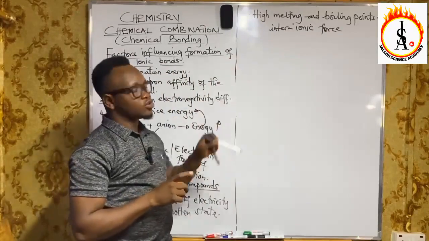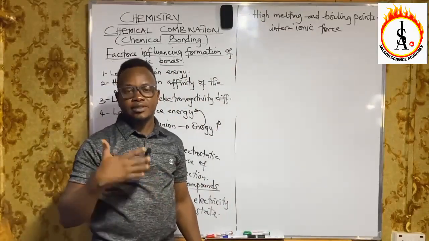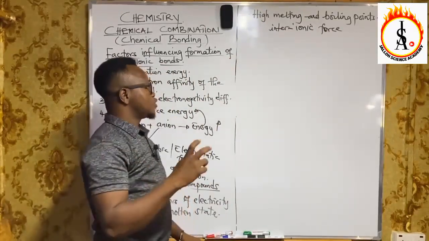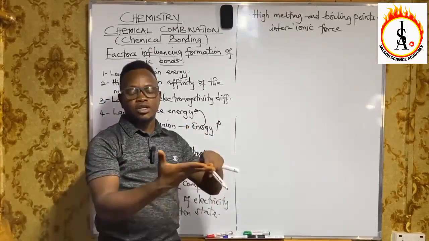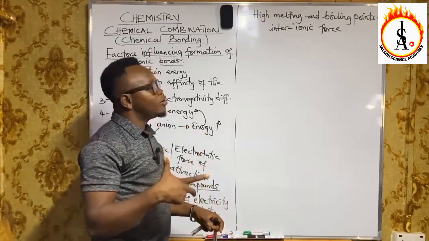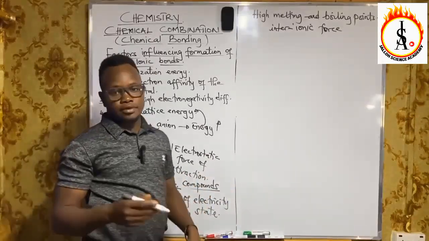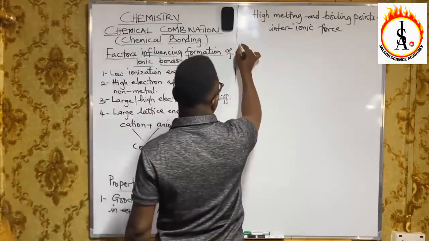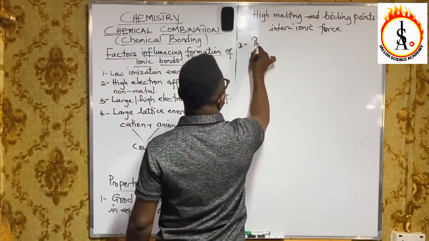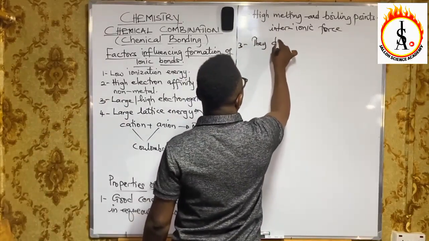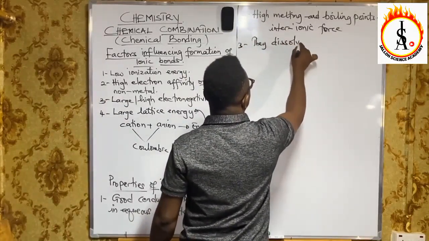So as a result of this, their melting point and boiling point can be very high. Because when we talk of melting point, we're talking of the bonds being loosened, and boiling point is breaking down the bonds completely. The third characteristic property is that they dissolve in water.